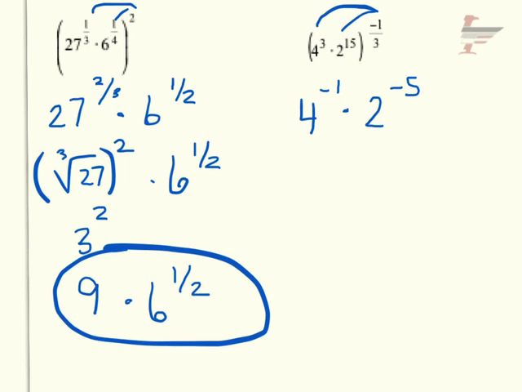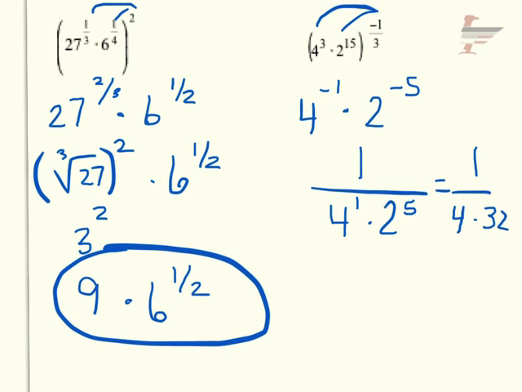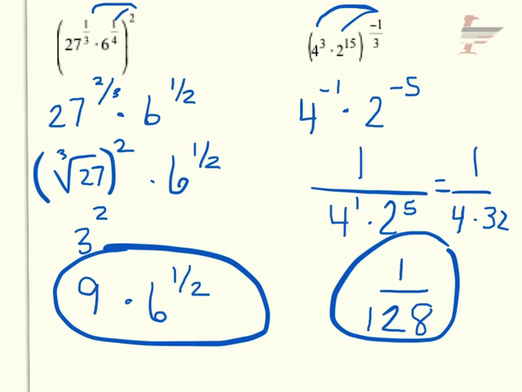Since I have both negative exponents, I will flip both of those over 1. So it's going to be 4 to the 1st times 2 to the 5th. And 4 to the 1st is 4, 2 to the 5th is 32, and you could do this without a calculator for sure. So 1 over 128.